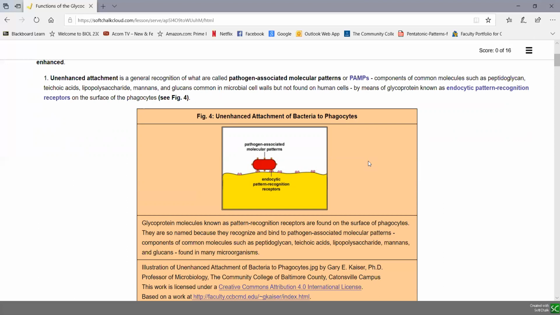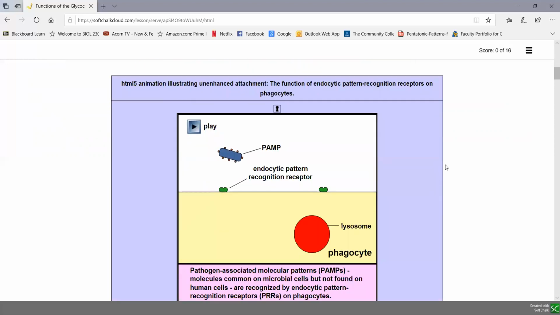That becomes activated within hours after exposure to a microbe. And we are born with endocytic pattern recognition receptors that fit all the common PAMPs on microorganisms for the purpose of unenhanced attachment. And we can see that nicely in our first animation here.